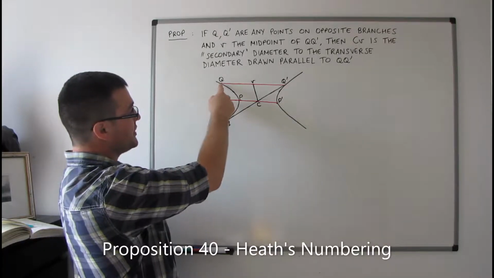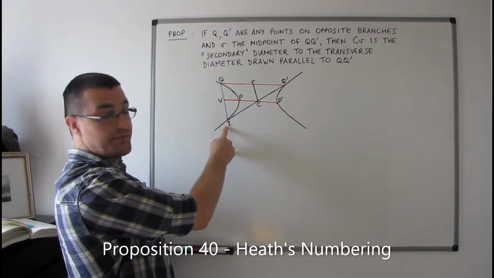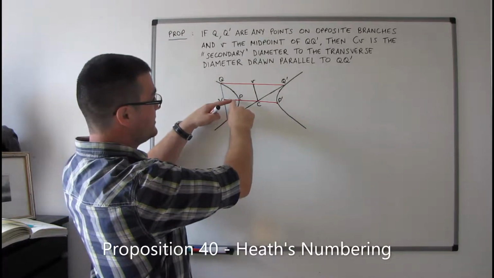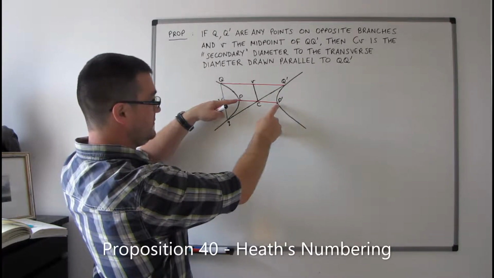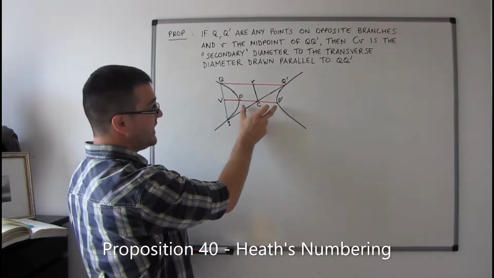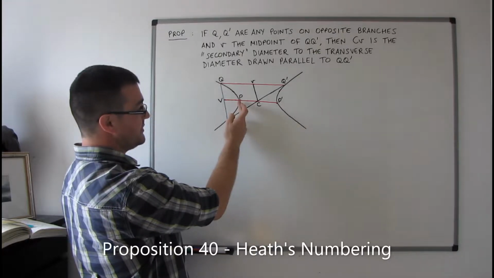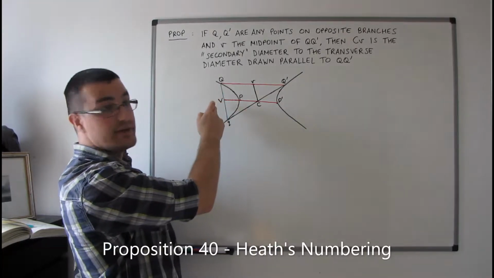Then the chord is formed, and we draw a line through the centre parallel to QQ'. That's PP' here, which will be a diameter of the hyperbola, and we produce PP' to meet the chord at v.